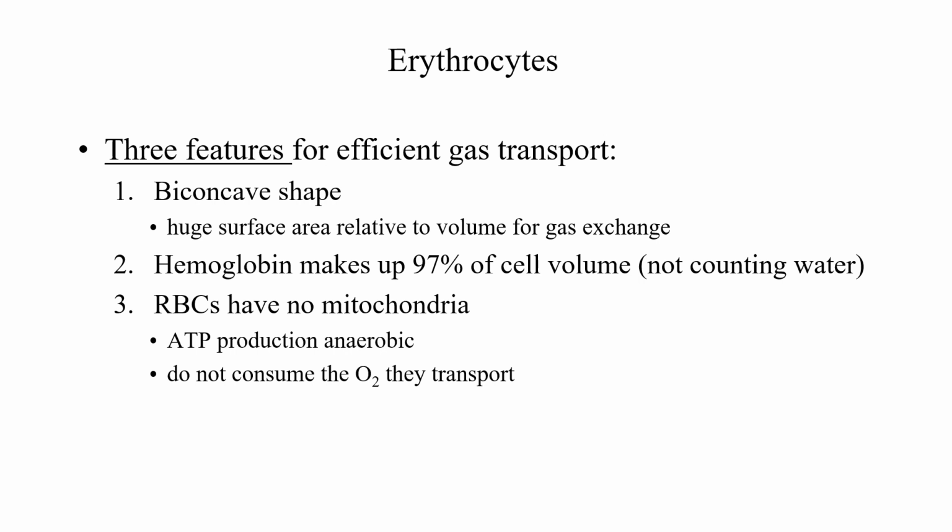Red blood cells have no mitochondria, so all of their ATP production is anaerobic. They do not consume the oxygen that they transport, okay? Which is very important, because if they did, that would reduce the amount of oxygen that could be delivered to the tissues.